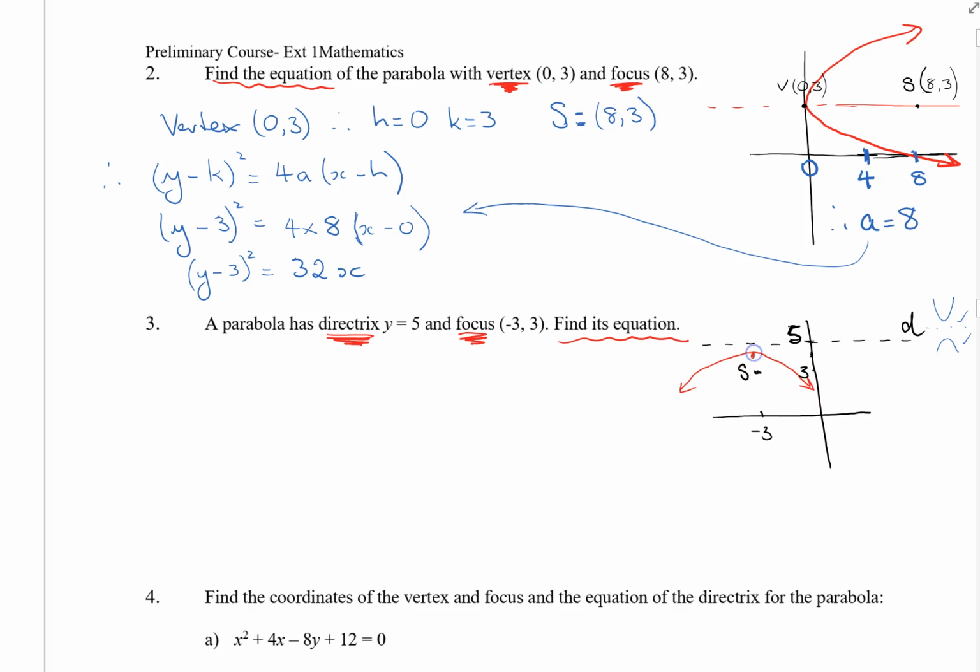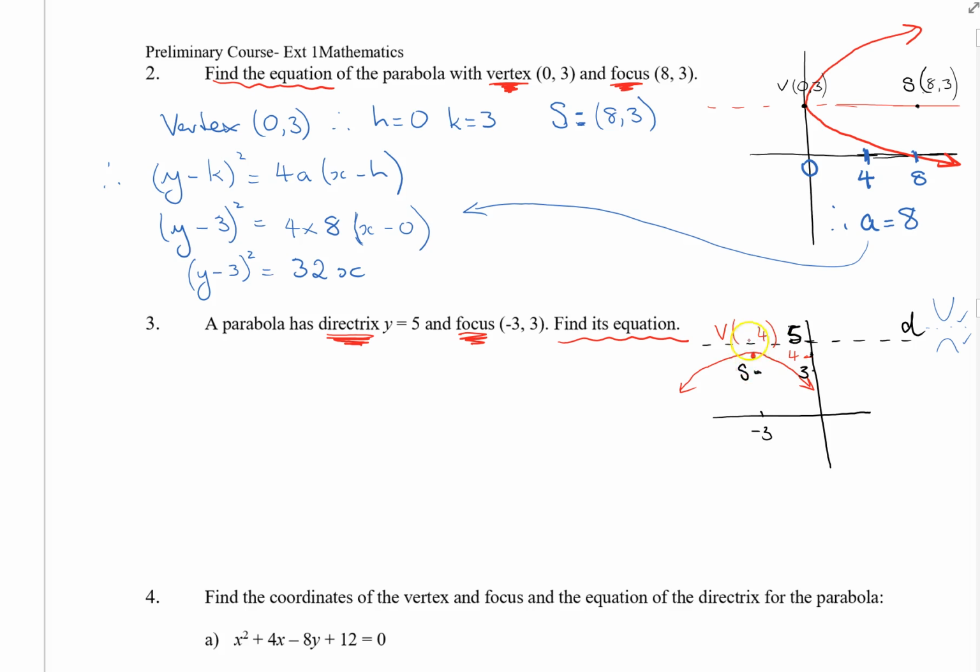The vertex is in here, between the focus and the directrix, and exactly halfway. Well, I'm sure you'll be able to see that the y value of the vertex is up here at 4, because it has to be halfway between the 3 and the 5.